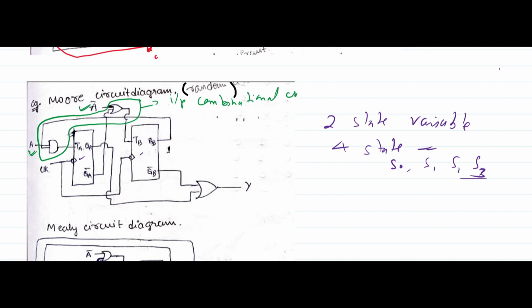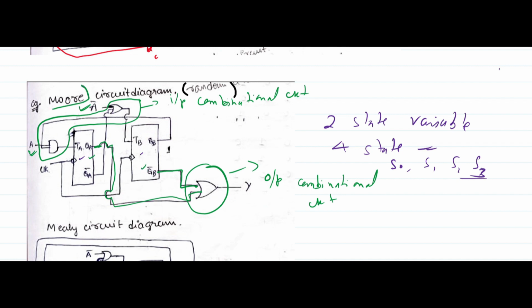Now this part is an OR gate only, and the input to this OR gate is QA and QB bar. So this is your output combinational circuit, and the output depends only on the present states. See, QA and QB bar are only present states.